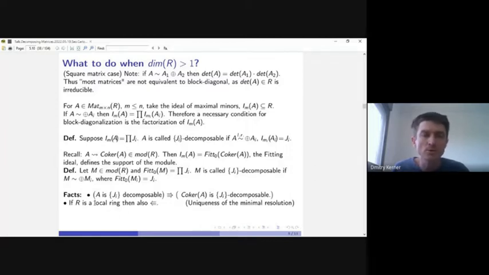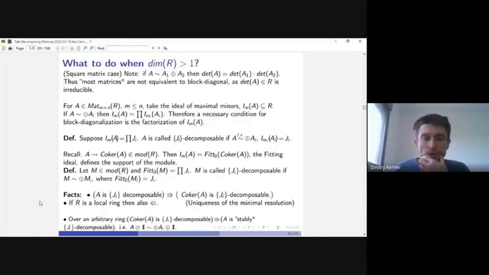Actually, you can also assume a graded ring here. If the ring is not local, then decomposability of the module only implies that A is stably decomposable. If you form the block diagonal sum of A with the unit matrix, this will be equivalent to the block diagonal sum here. But usually in singularity theory, we work with local rings, so maybe this is not of much interest.